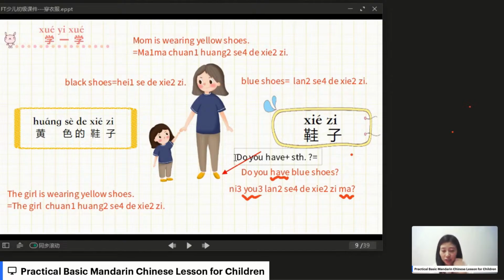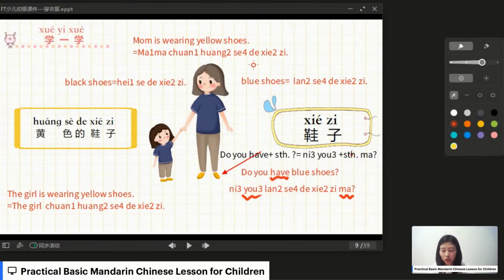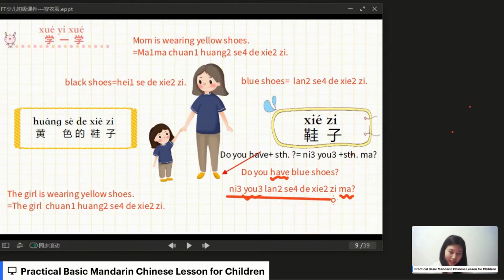In Chinese that structure is 你有 plus something, and the very important word is ma, because you need to ask people, right? Just compare this structure and this sentence and you will see they're easy. You just need to put something in a sentence to ask someone. So that would be 你有蓝色的鞋子吗?